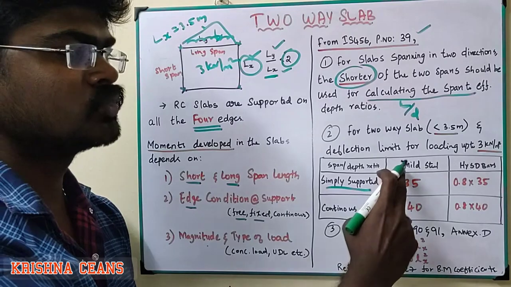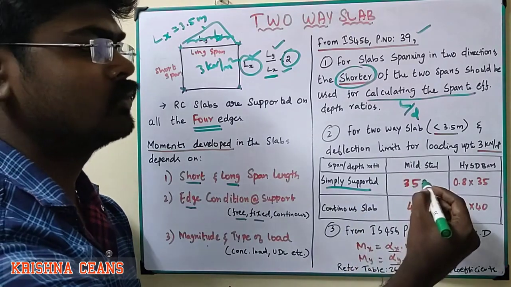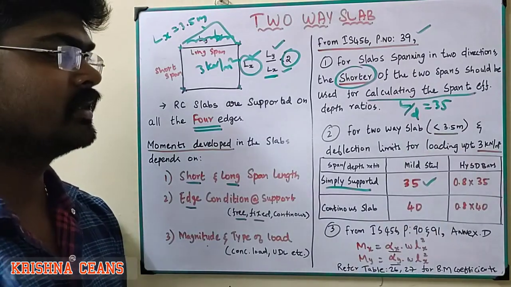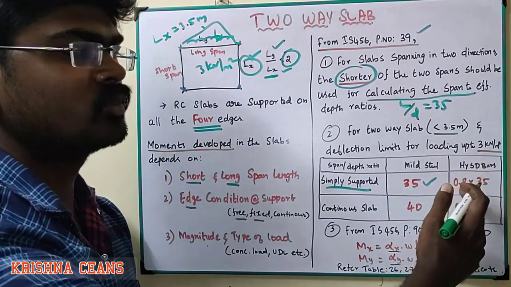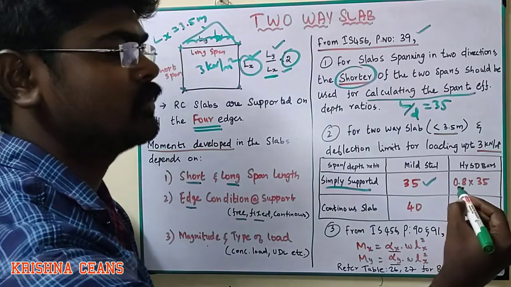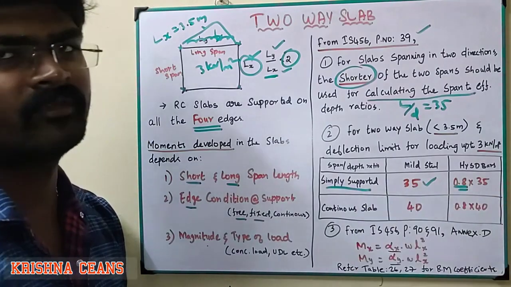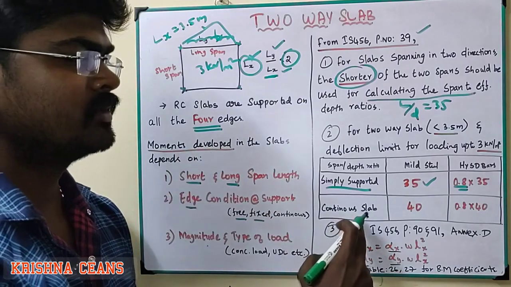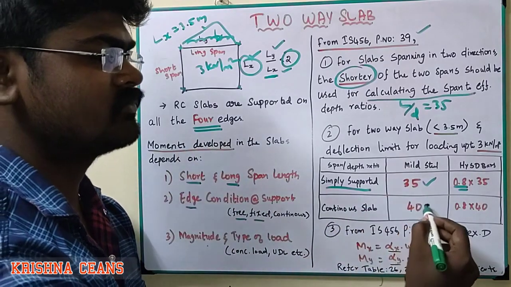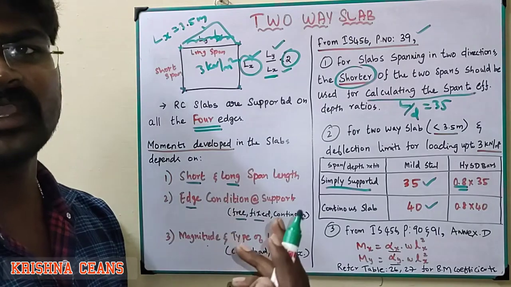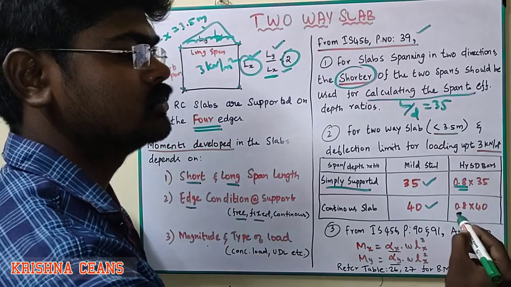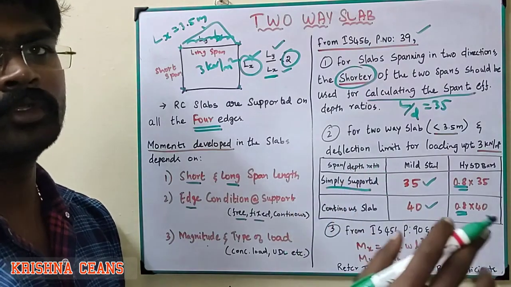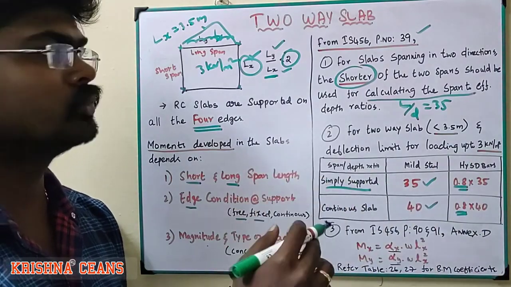If you are using mild steel, we apply an L by D ratio equal to 35. In case of HYSD bars, we apply the factor 0.8 times that value, 35. If you are designing a continuous slab, for mild steel it is 40, or if you are using HYSD bars, 0.8 times 40. So these are the notes we have to note down before going to the design of two-way slabs.